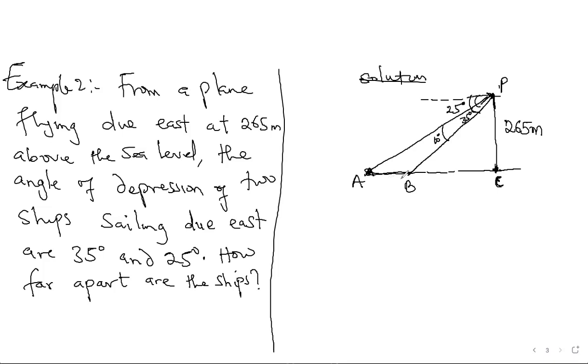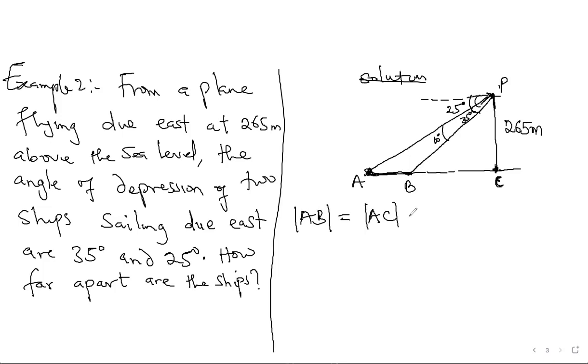Now, the question is, how far apart are the ships? So you're looking for this distance here, AB. So before you can get that, we need to first calculate this distance AC, because AB that we want to look for is basically AC.